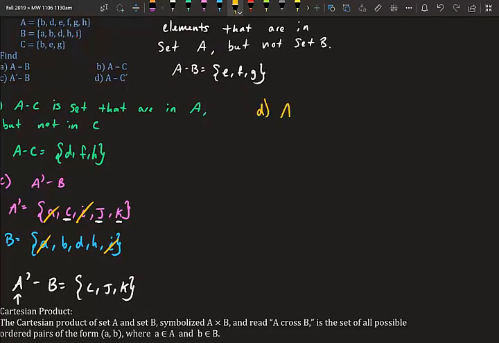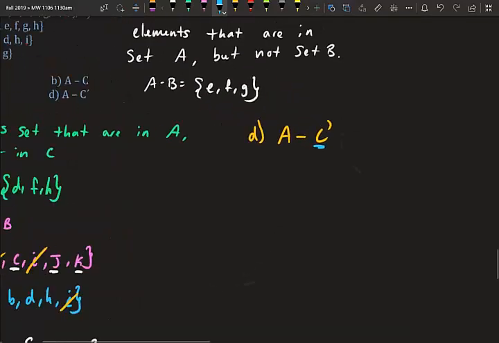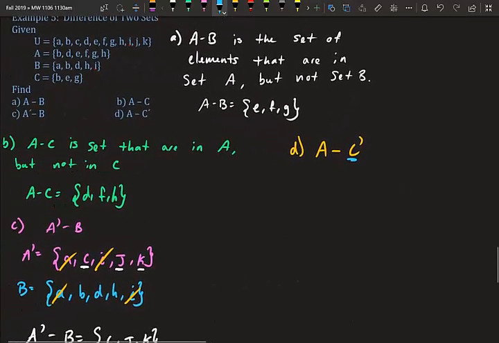So part D, we want set A minus the complement of set C. What it's asking is the set of elements that are in set A but not in set C. First things first, we always need to figure out what that complement is. The complement of C is whatever's not in C in the universal set.